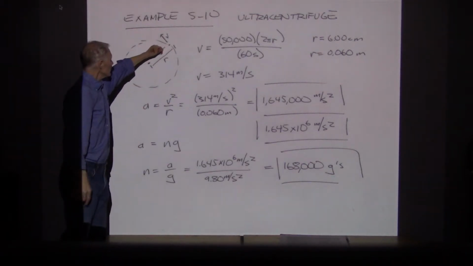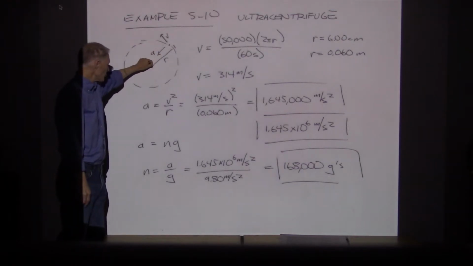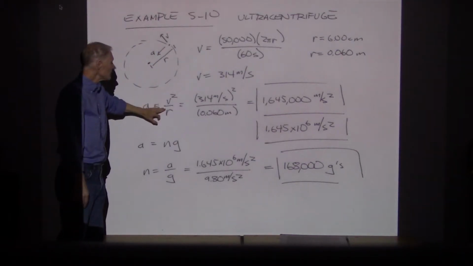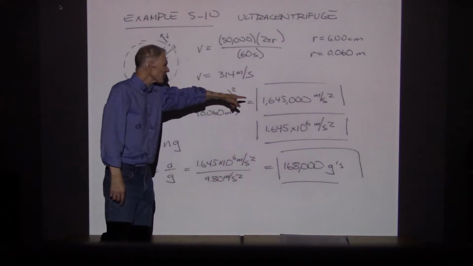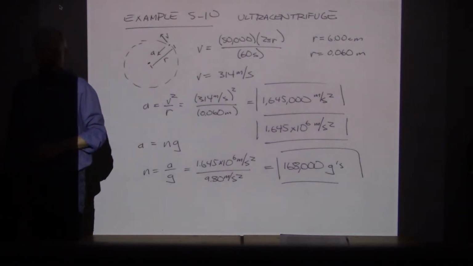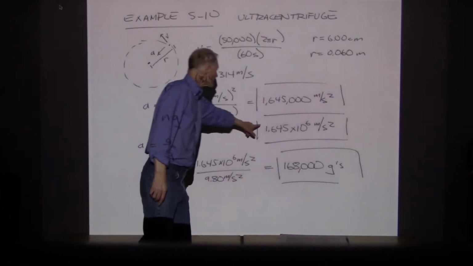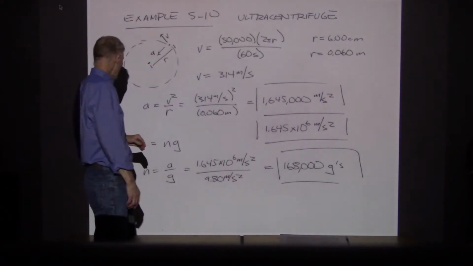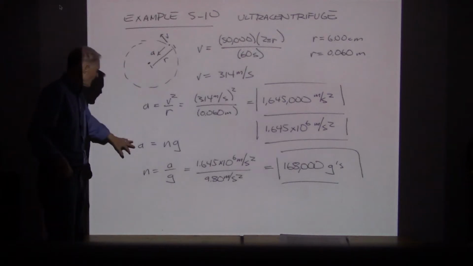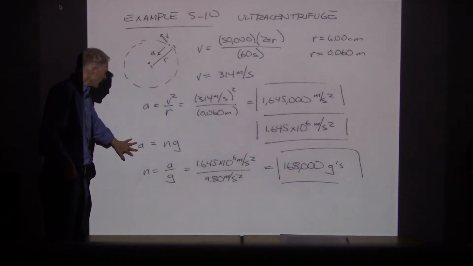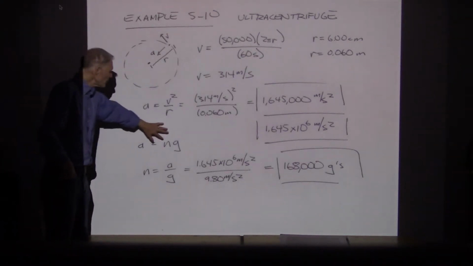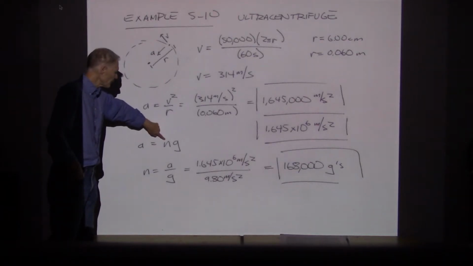The acceleration, which is centripetal, towards the center, is given by v squared over r. That worked out to be 1.6 million meters per second squared. So 1.645, I should have rounded back one more. Now, the acceleration can be thought of in terms of some number of g's. That's not a normal force, that's just a number.